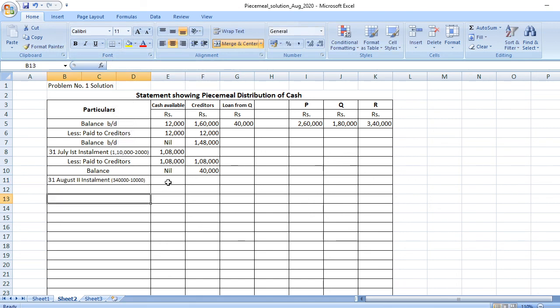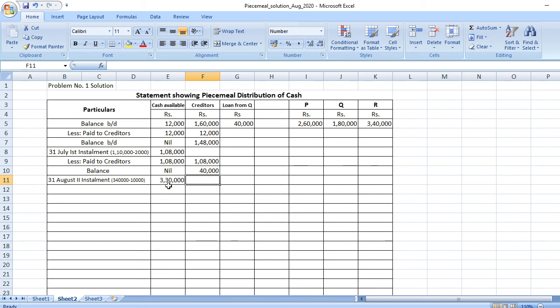The rest of the value, the cash available, is 3,30,000.